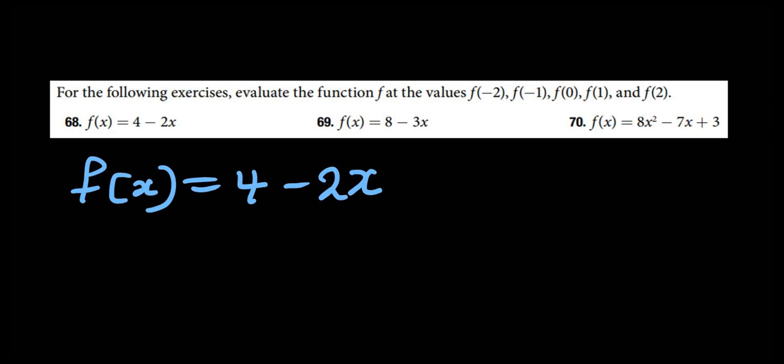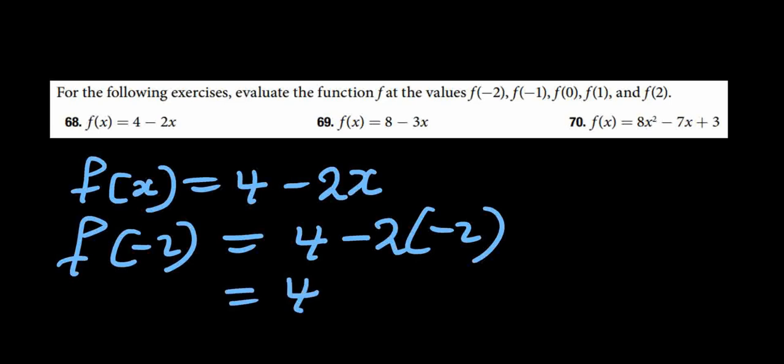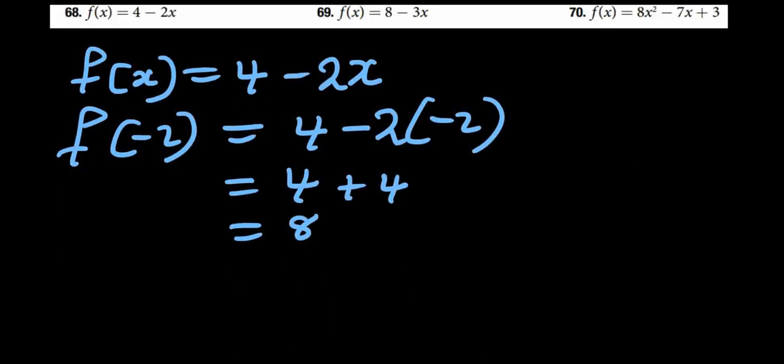So for f of negative 2, this is equal to 4 minus 2 times negative 2. Negative 2 times negative 2 is plus 4. So this gives us 4 plus 4, and finally, this will be equal to 8. So this is the answer to this question.